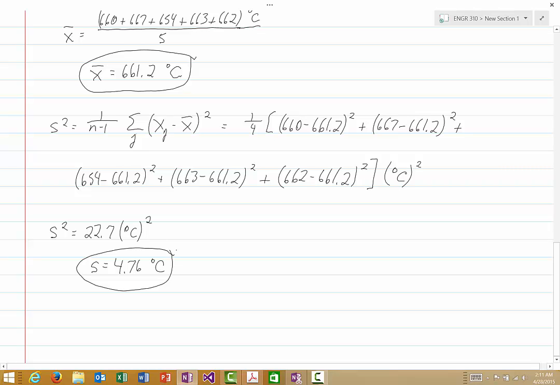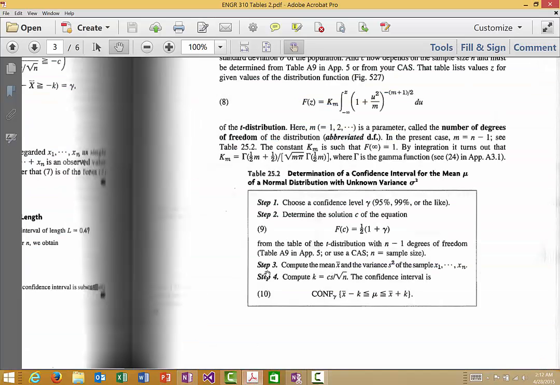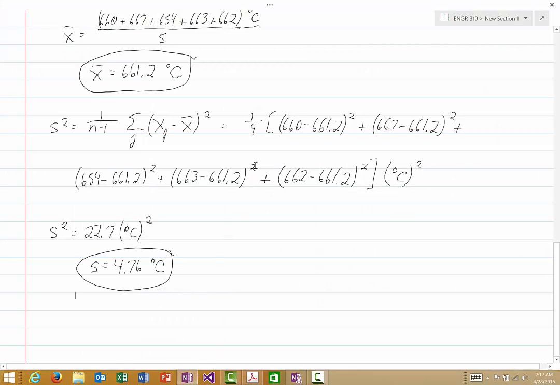Now, we have done what was requested. Recall, we are now doing this step 3, which was to determine x bar and s squared for the sample. We have now found both of those, and the final step is to compute k, which is equal to cs divided by the square root of n. So we come back here, k is equal to cs divided by the square root of n.